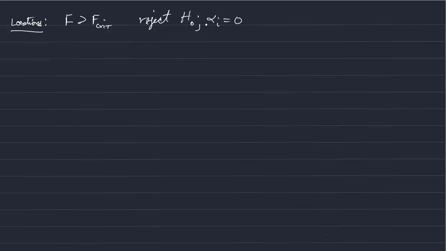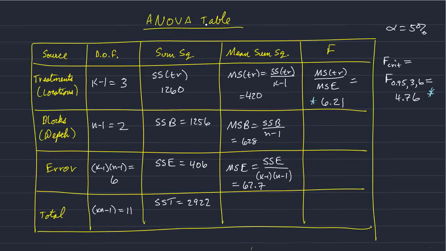So the second F quantity is the ratio of the variance associated with depth divided by the variance associated with the residual or the error, and that gives a value of 9.29.